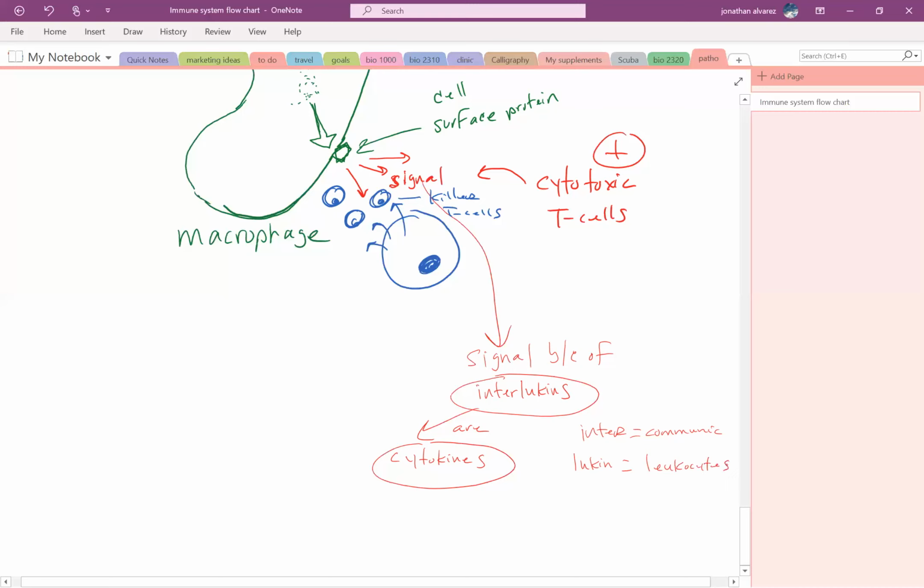Leuko is white, so these are your white blood cells. So they're part of the white blood cell family. We have about 35 interleukins, and they name them IL-1 through IL-35. So interleukin 1 and interleukin 35.